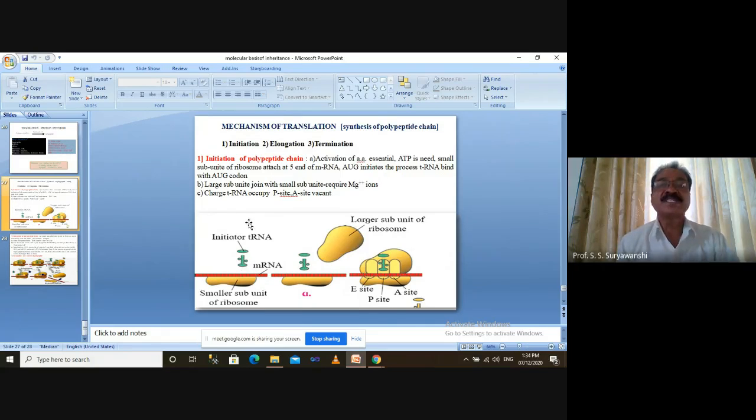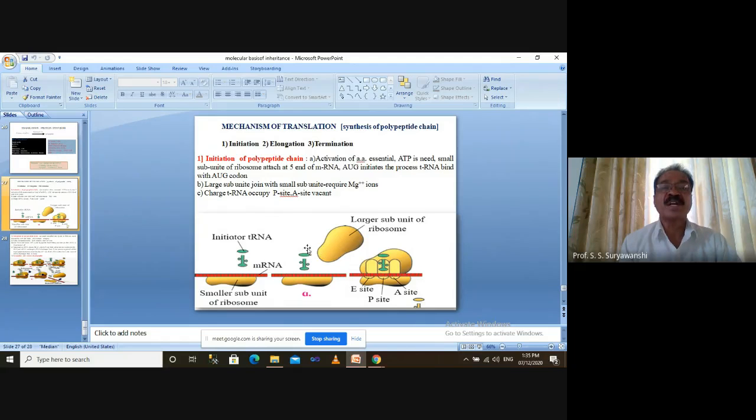Next, after this binding process, the larger subunit comes in. You can see here a large subunit of ribosomal RNA that joins with the small subunit, which requires Mg++ ions. So magnesium ions are required for the joining of this larger subunit with the smaller subunit and mRNA.